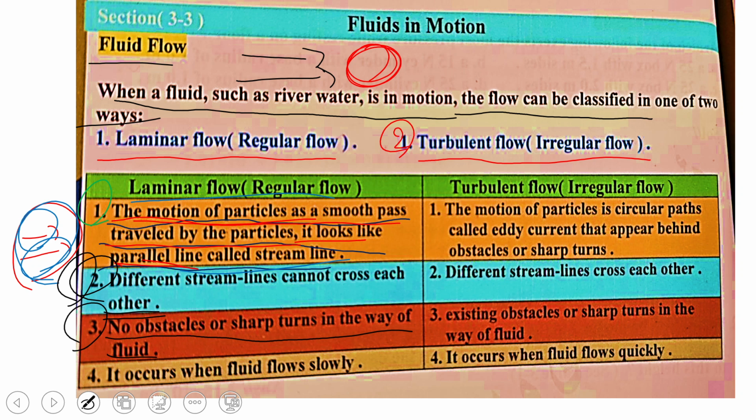That's why they are going in a straight line. Nothing comes on the way. No object, no ship, no rock. In front of the water is empty. That's why the water can move in the same direction, in a straight line, so no obstacles. So this is the reason.